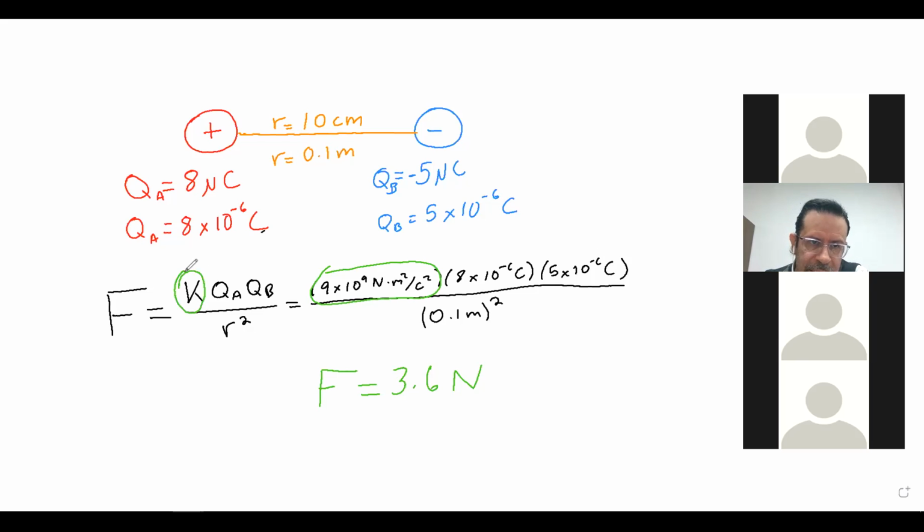Coulomb's law says that the force is directly proportional to the charges and inversely proportional to the square of the distance. The proportionality is given by this K, which is Coulomb's constant. Coulomb's constant is defined by this value, 9 times 10 to the 9 newtons meters squared divided by coulomb squared.